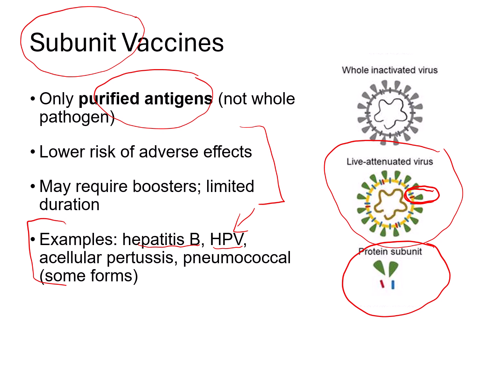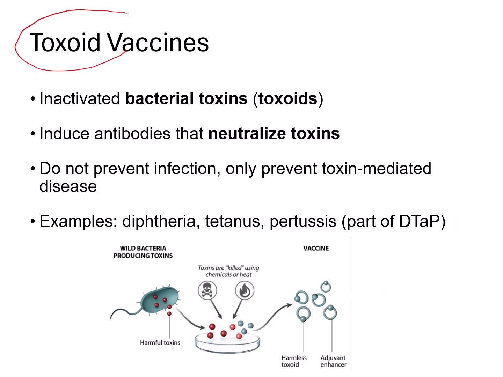pneumonia vaccines. Toxoid vaccines target bacterial toxins, not the bacteria itself. And toxoids are inactivated bacterial toxins. So these will induce the production of antibodies in our bodies that will neutralize toxins if you ever encounter them in the future. But they don't prevent infection.